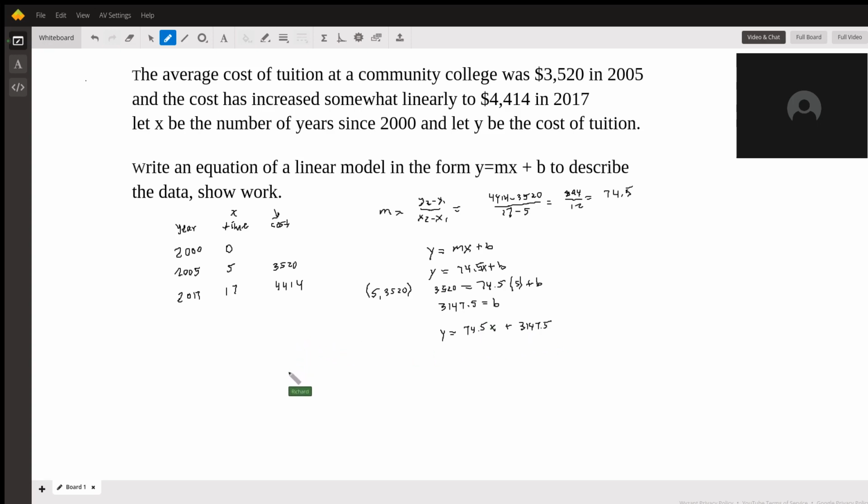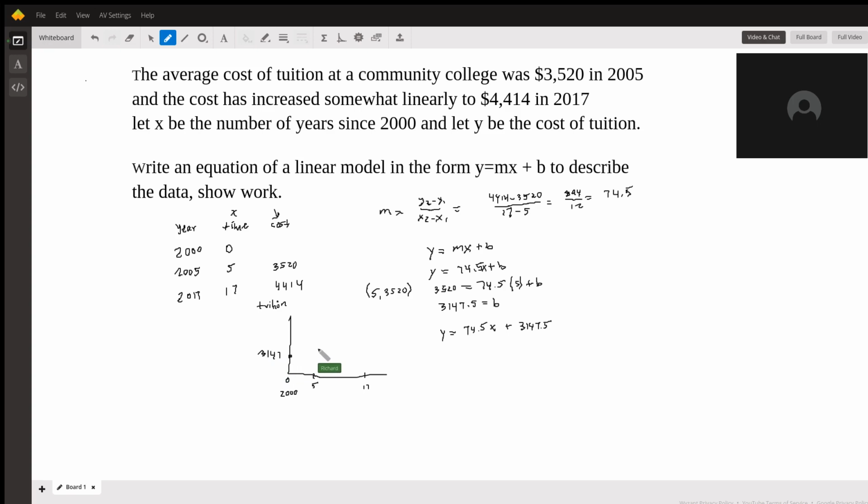Let's just take a look at this. So this would be year 0, which is 2000. And this would be 17 here. And we have another data point at 5. And tuition to start with is at 3147.